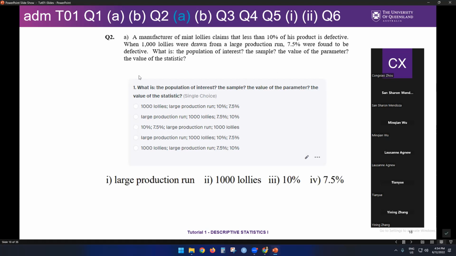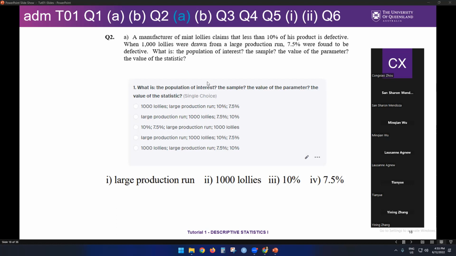I believe most of you are right. 12 out of 18 answers were that the population of interest is the whole production, everything that is produced by this manufacturer. The sample is the 1,000 lollies that were drawn to get this statistic, right?